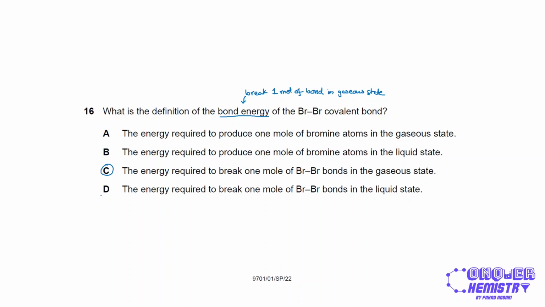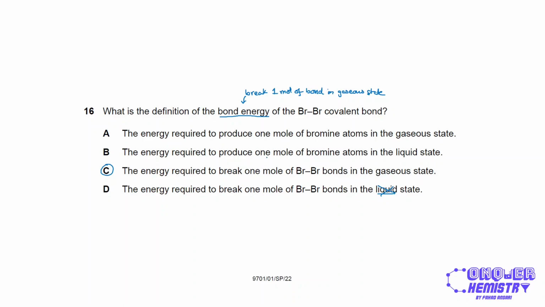We're not going to get bond energy from the liquid state, right? And we do not want to produce 1 mole of bromine atoms. We want to break 1 mole of Br-Br single bonds. Producing 1 mole of bromine atoms, this is actually atomization, not bond energy, right?